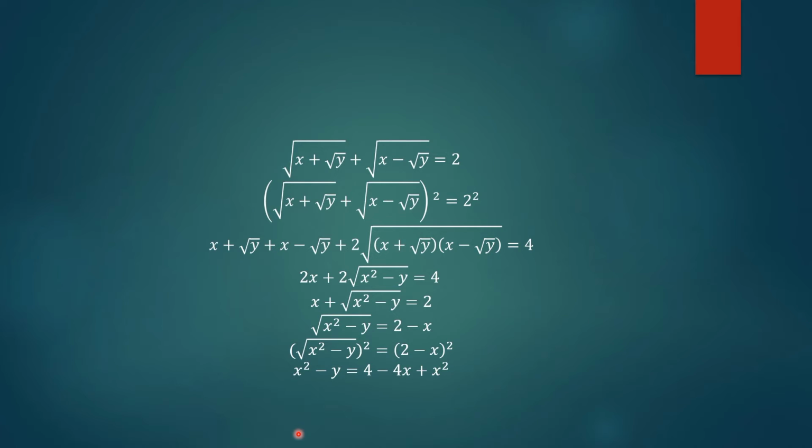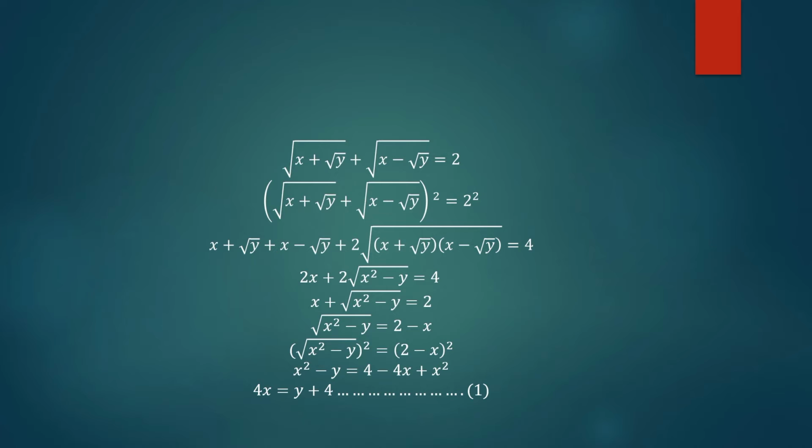Then simplifying this, we have x squared, and this is positive x squared, so when you take it to the other side, the x squared goes to 0, and you will have 4x equals y plus 4. Since we have to find 4x plus 2y, we maintain the 4x here. So we name it equation 1.